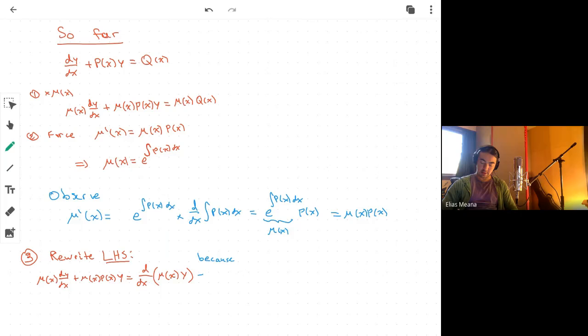This would equal mu of x dy/dx plus mu prime of x y, which is of course equal to mu of x dy/dx plus mu of x p of x times y. Everybody follow that?